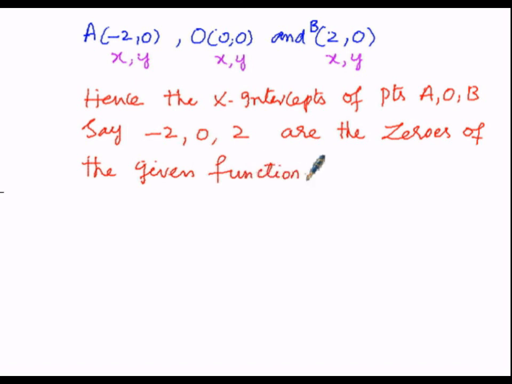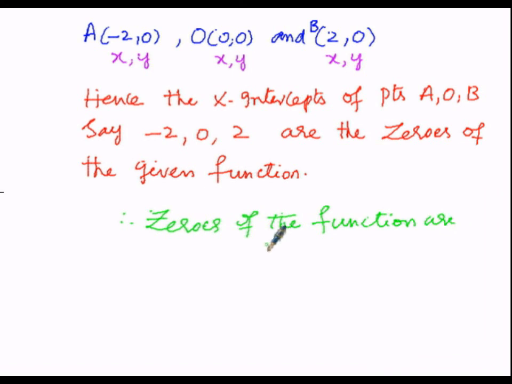Therefore, the zeros of the function are the set consisting of -2, 0, 2.